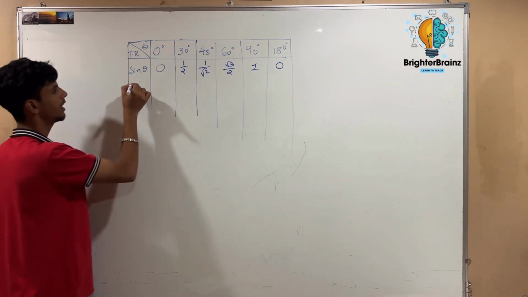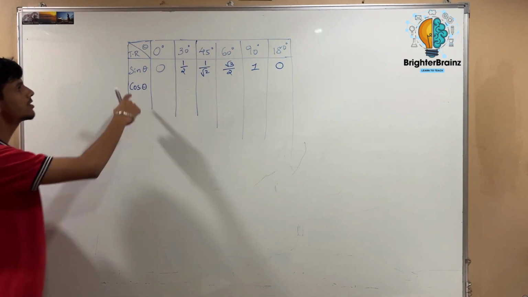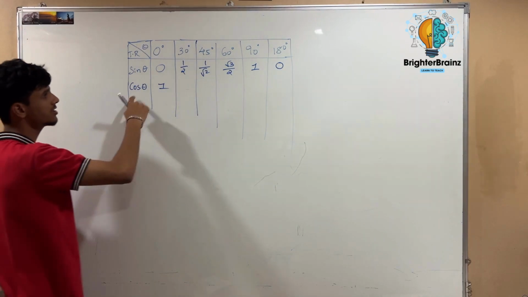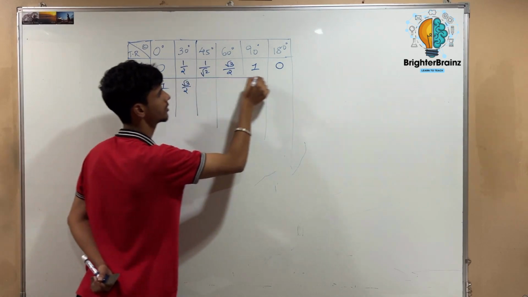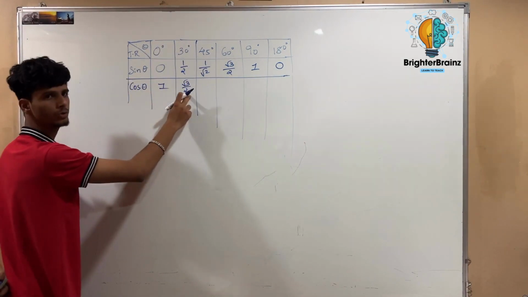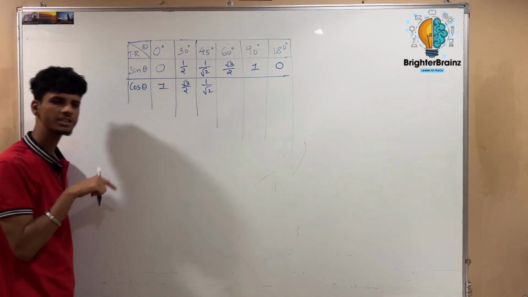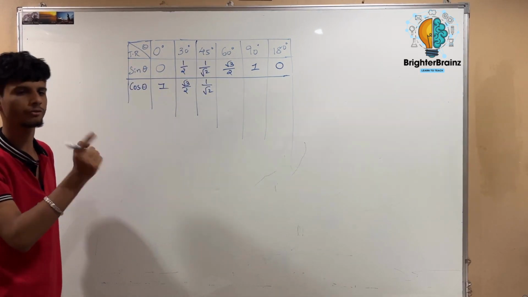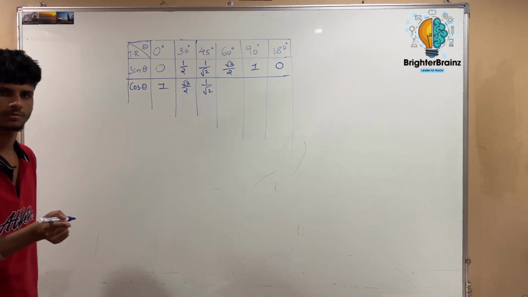Another fundamental trigonometric ratio is cos theta. Cos 0 becomes 1, and cos 30 becomes root 3 by 2. Let us draw separate rows first. Cos 45 is the same as sin 45. 45 will be the same for sin and cos, and for tan and cot, 45 will be the same again, and for secant and cosecant as well, pairwise.